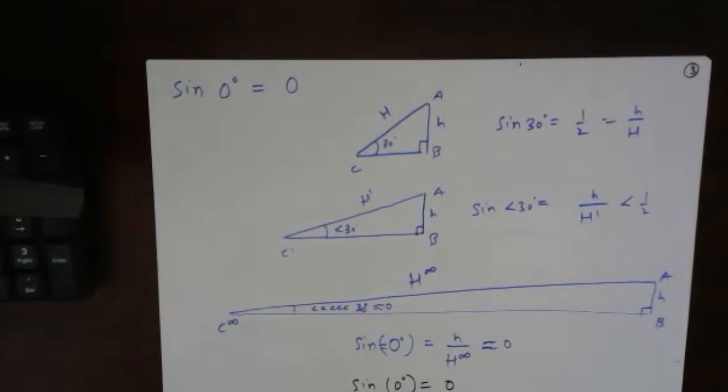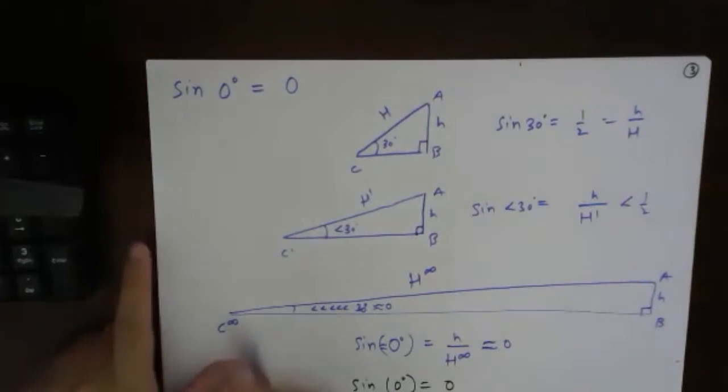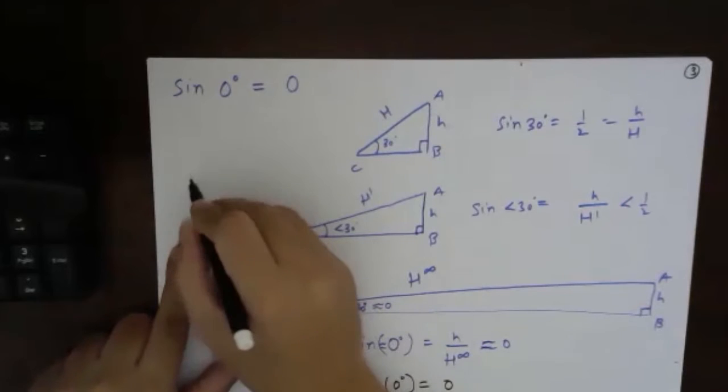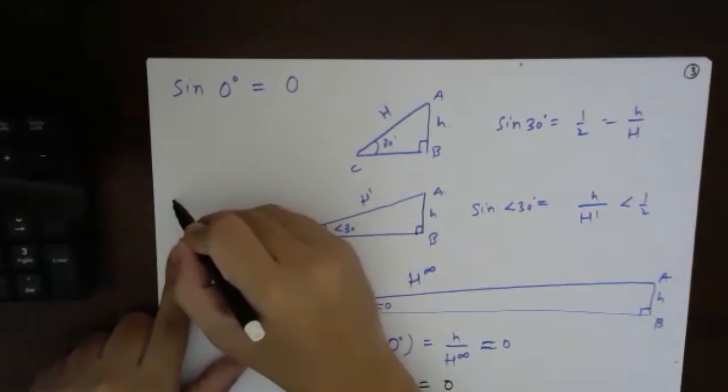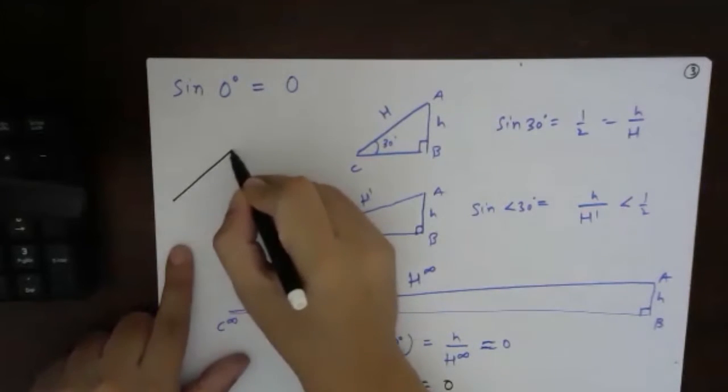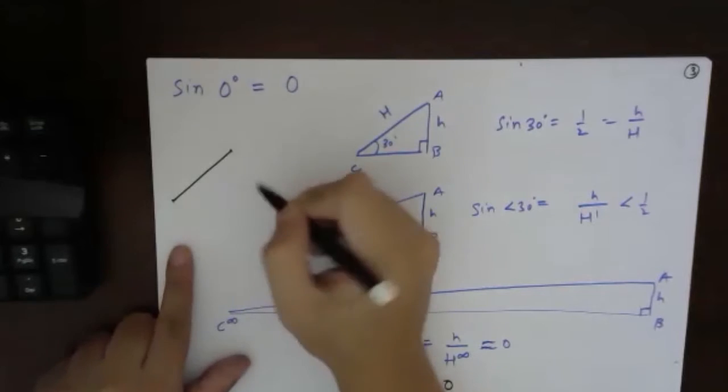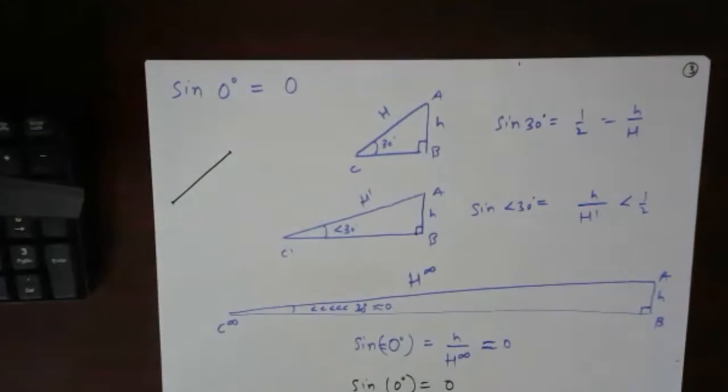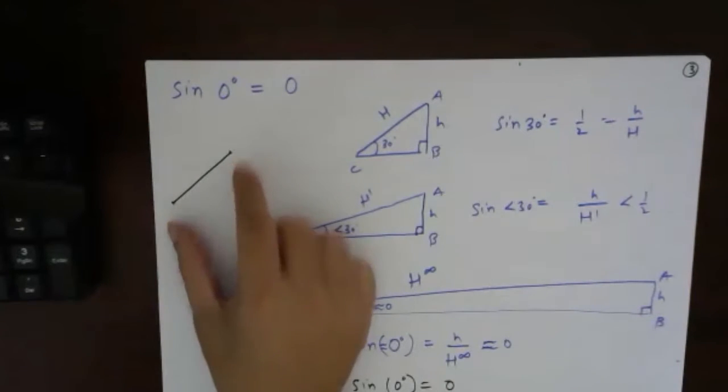Are all trigonometric values approximate? Yes. All trigonometric ratios are always approximate. Why can I say that? Suppose you have a line of some length.